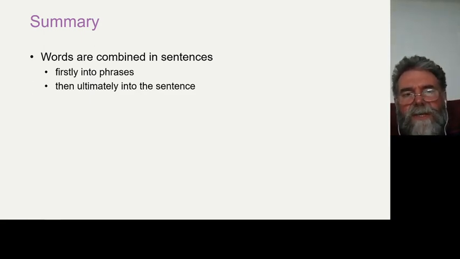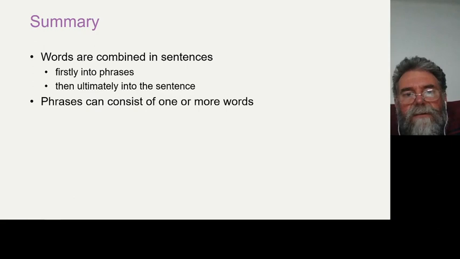There are certain positions for words and other phrases inside phrases. So we firstly put words together to form phrases, then those phrases into other phrases, and those phrases, etc., until ultimately you get to the sentence. In other words, sentences have internal structure to them.